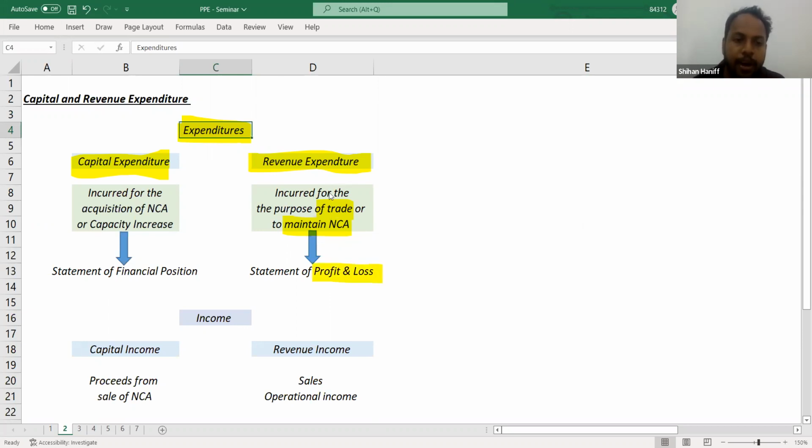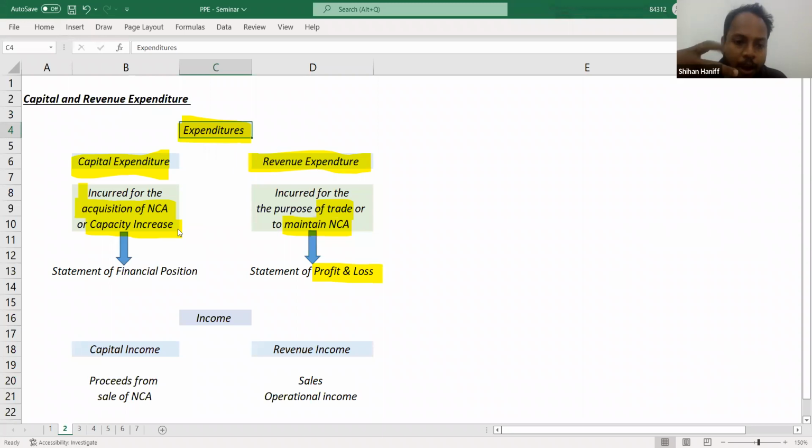So we call it revenue expenses. The second type is capital expenditure. This is incurred for the acquisition of a non-current asset or to increase the capacity of non-current assets. So two purposes.